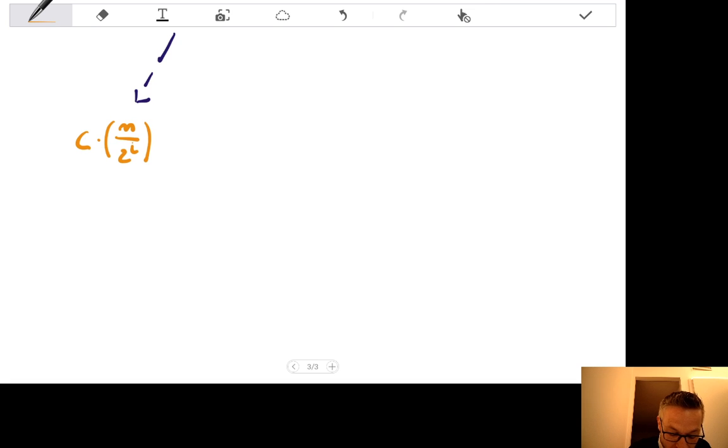So n divided by 2 to the power of I. This is the size of the matrices I'm dealing with in my chain of recursive calls after I recursive calls.